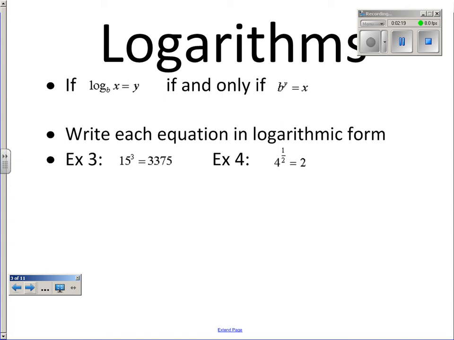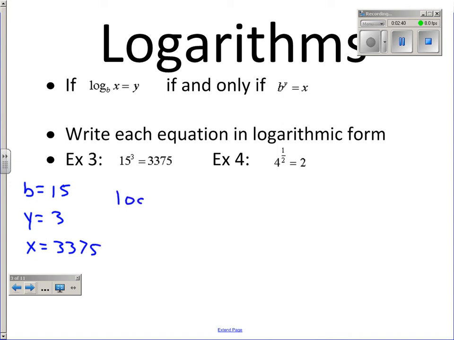Okay, now let's go the other way. I'm giving you an exponential function and I want you to write it in logarithmic form. So let's do the same thing here. b is 15. Here y is the exponent. And x is 3,375.